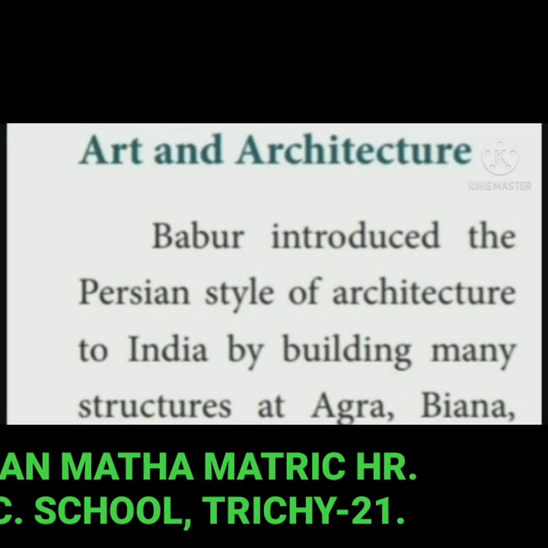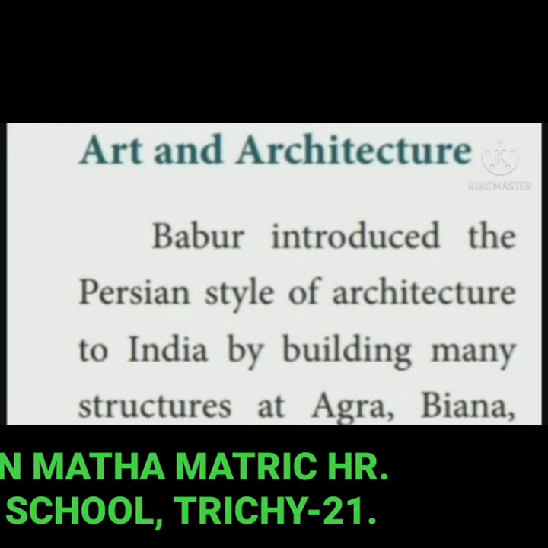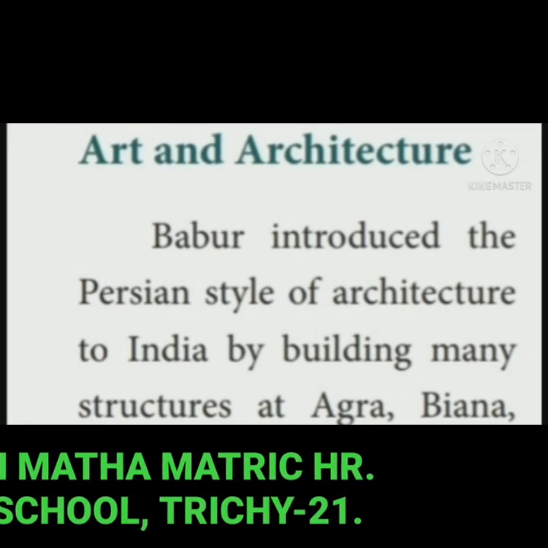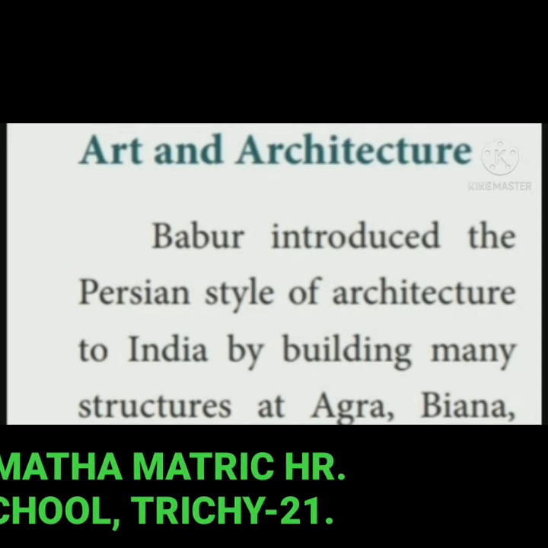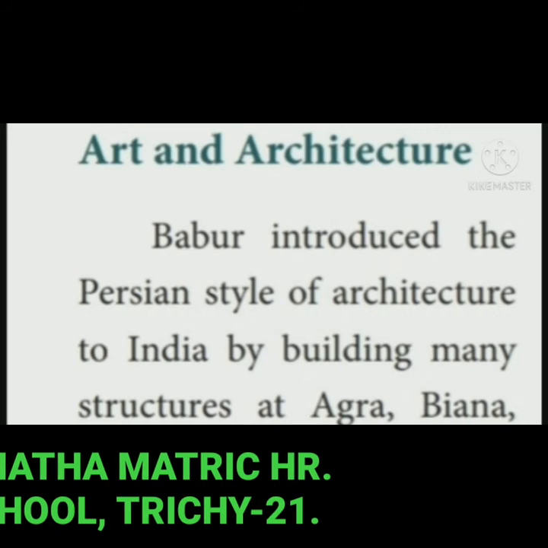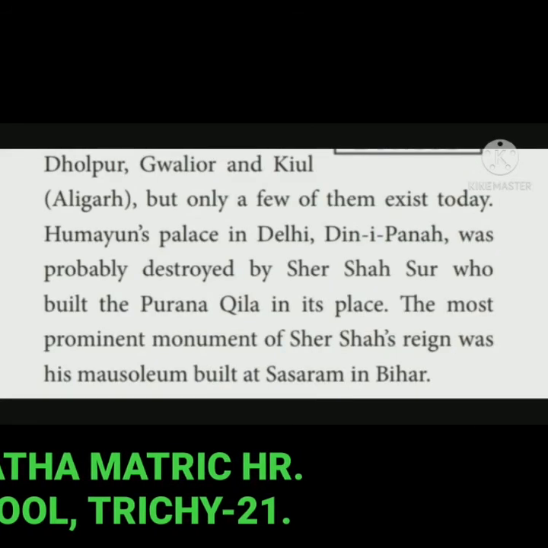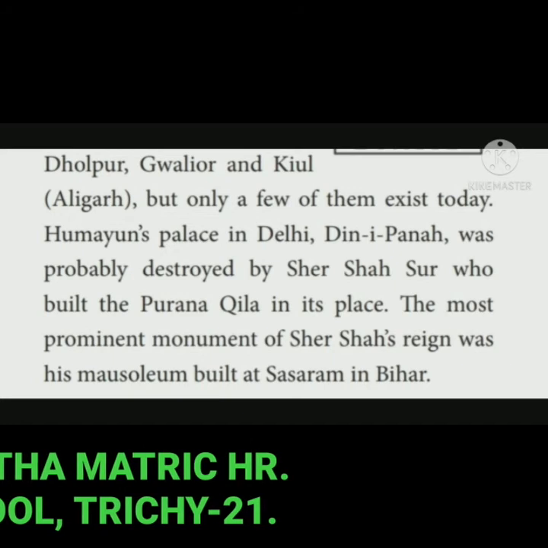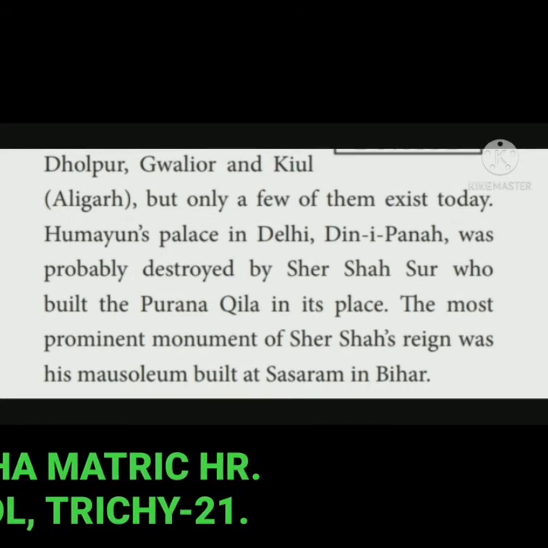Next, discuss the topic art and architecture. Babur introduced the Persian style of architecture to India by building many structures at Agra, Biana, Dholpur, Gwalior and Aligarh. But only a few of them exist today.